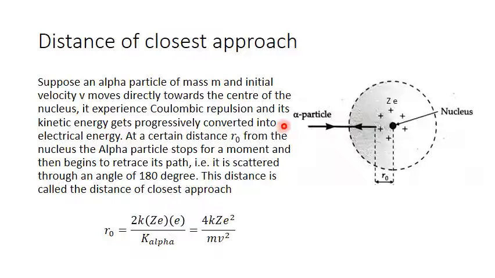Now let us consider your alpha particle, this red dot, this laser pointer. Let us assume this is an alpha particle. Now this is undergoing a head-on collision with the nucleus of this atom. Now, as the nucleus of the atom is positively charged, so is the alpha particle.